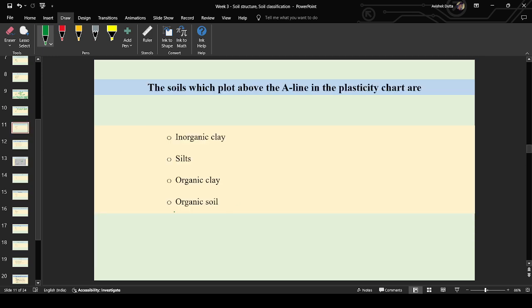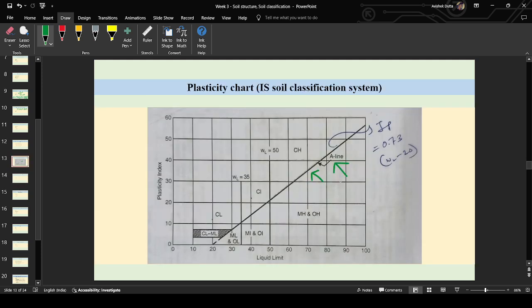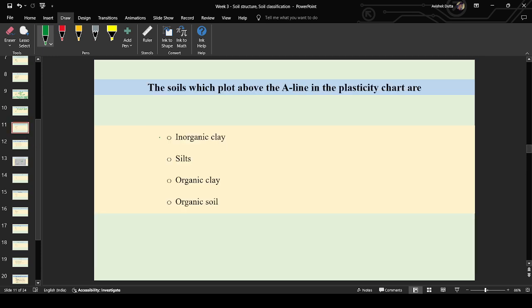Organic soil is basically, the third option is basically any soil below the A line. So above the A line, we have inorganic soil and we have C, that is clay. So above the A line, we will write inorganic clay. Okay. Now next question.